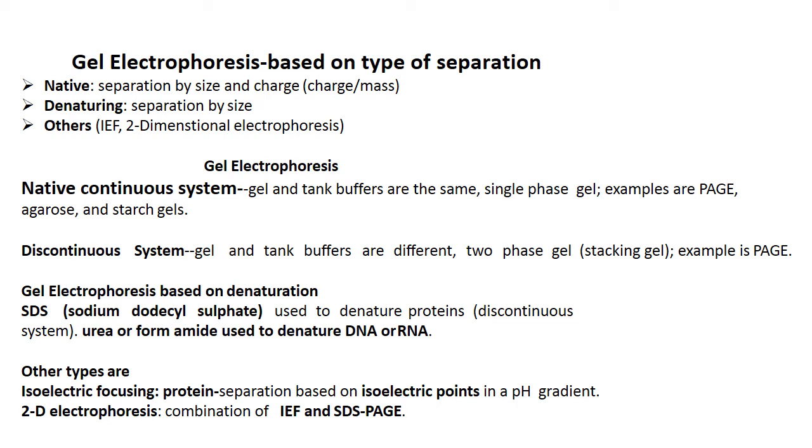Here urea or formamide is used to denature DNA or RNA. Other types are, first one is isoelectric focusing, that is protein separation based on isoelectric point in the pH gradient, and another one is 2D electrophoresis, that is combination of IEF and SDS-PAGE.